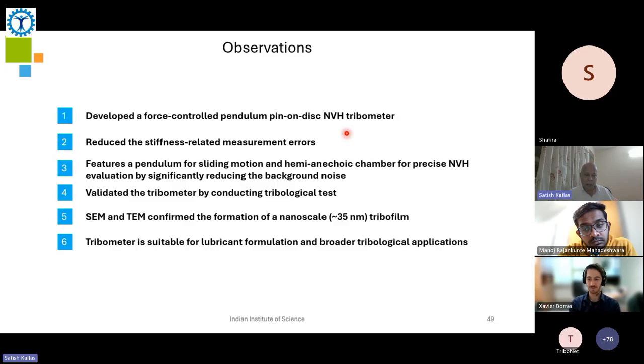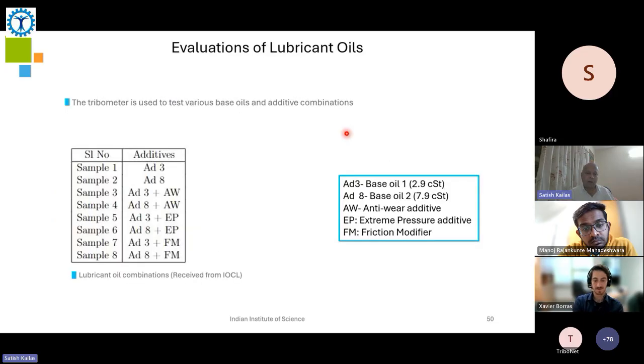So having done this, we got several oils from Indian Oil. They had two base oils, one was 2.9 cSt, the other was 7.9 cSt. And then there were samples. This is basically base oil 3 plus anti-wear additive, and sample 4 is base oil 2, the second base oil, with anti-wear additive.